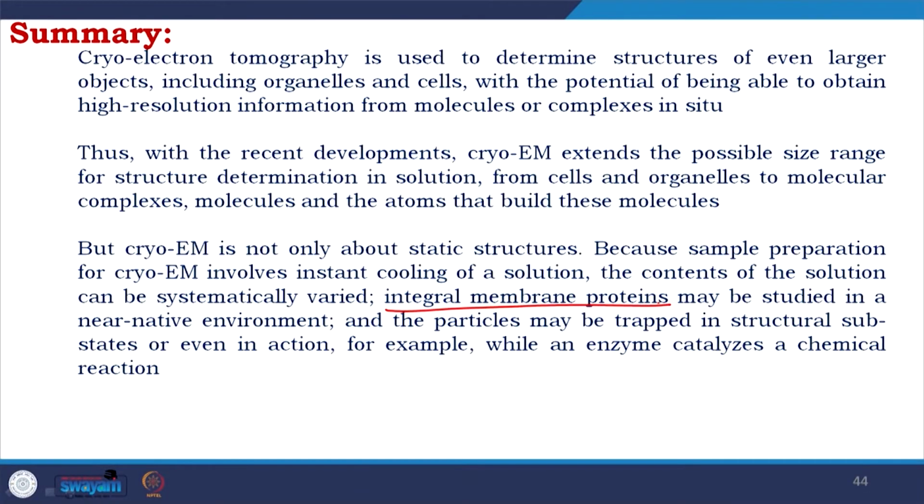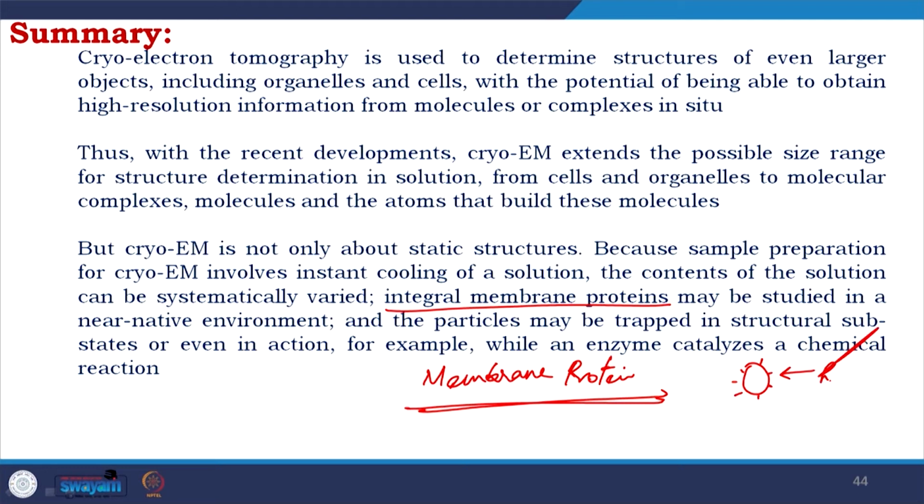Also, one thing I have to repeat about membrane proteins. As you have already understood, soluble proteins are proteins which have hydrophilic amino acids, which form hydrogen bonds with the water and solubilize.